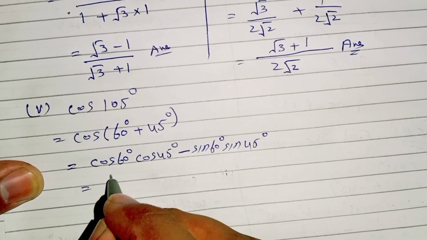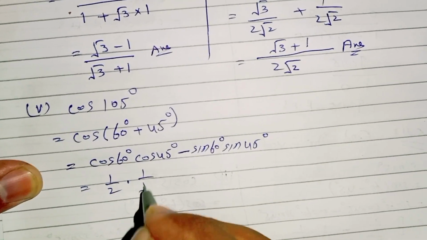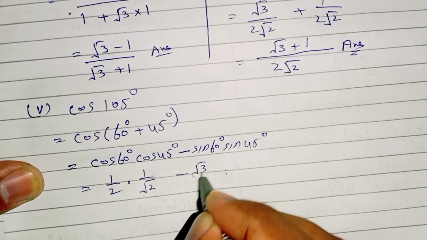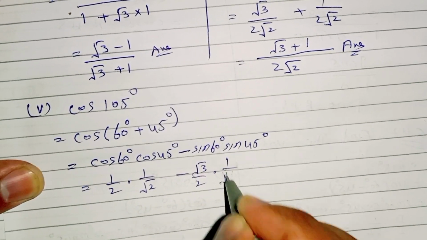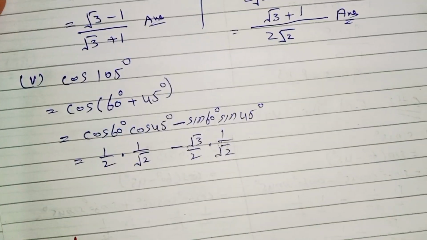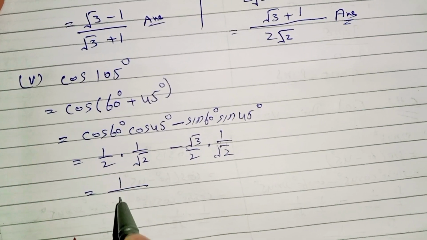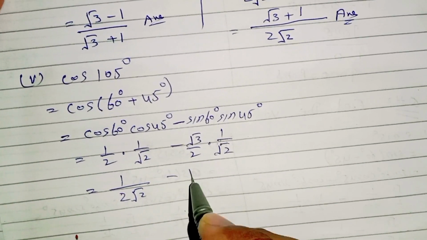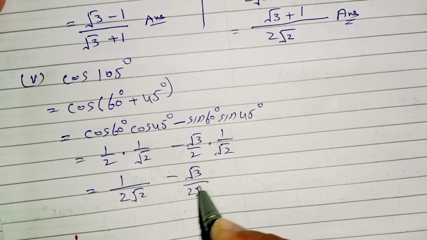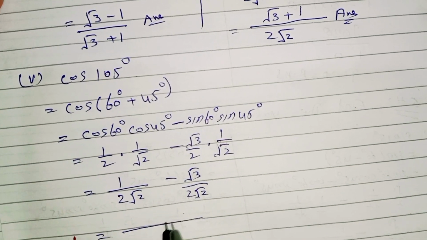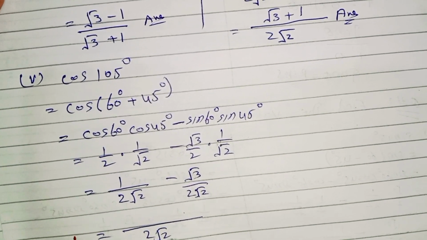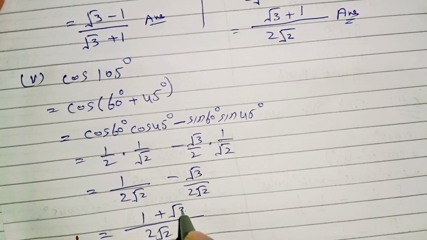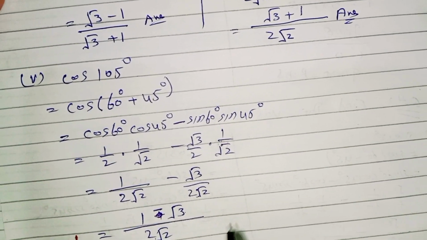We know that the value of cos 60 degree is 1 by 2 multiplied by 1 over square root 2, minus square root 3 over 2 multiplied by 1 over square root 2. 1 over 2 square root 2 minus square root 3 over 2 square root 2. Taking LCM on both fractions, 2 square root 2, we have 1 minus square root 3 in the numerator.